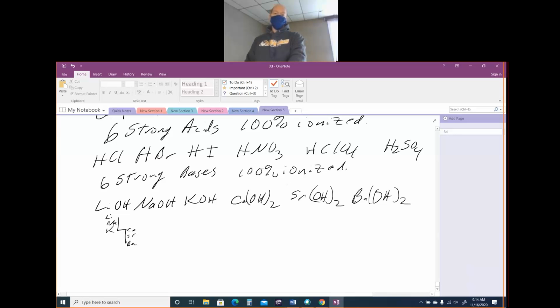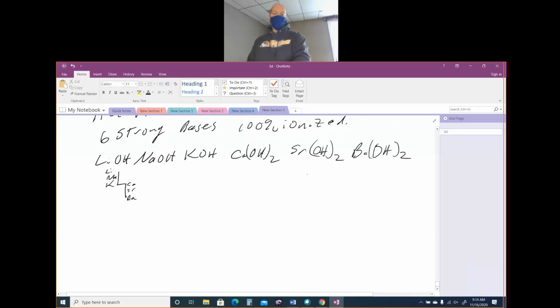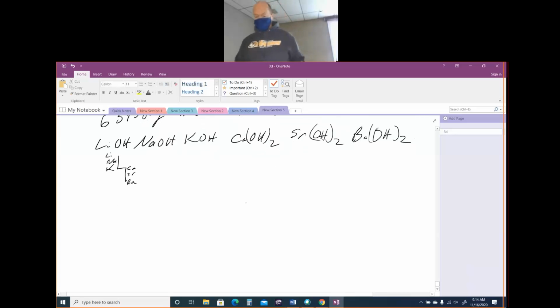So all binary compounds end in IDE, but not all compounds that end in IDE are binary. There are 6 examples right there. So be familiar with your strong acids and strong bases.